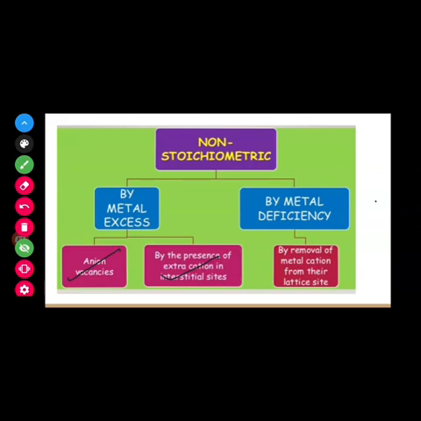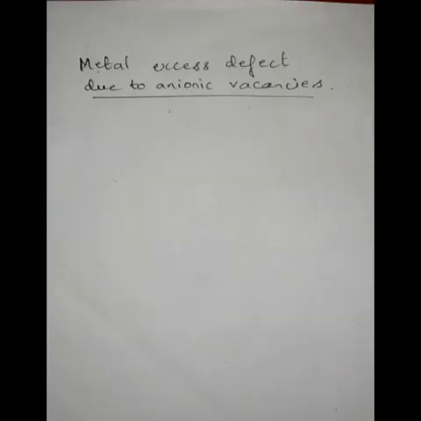So, as I said, it is of two types: due to anionic vacancies and due to extra cation. First let us see metal excess defect due to anionic vacancies.